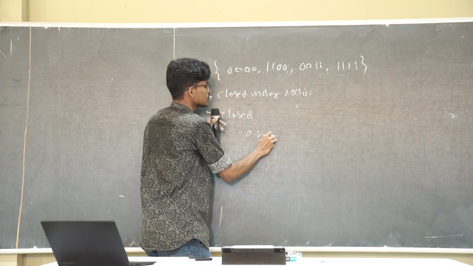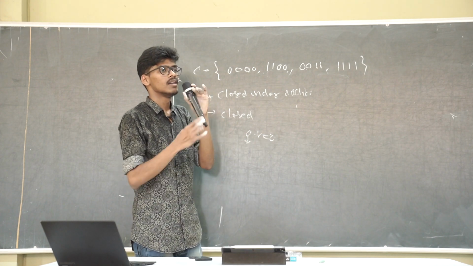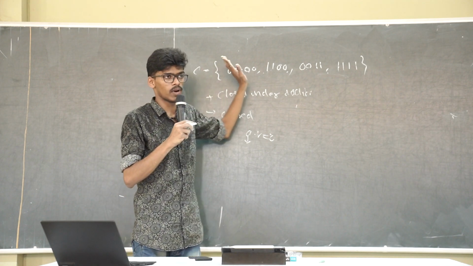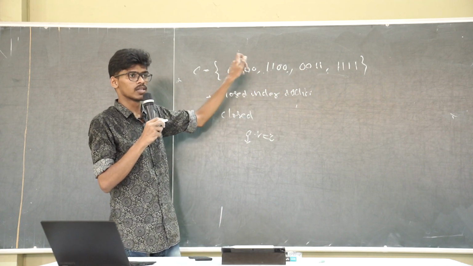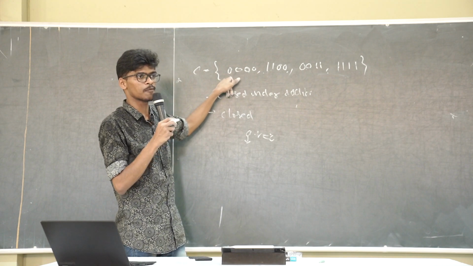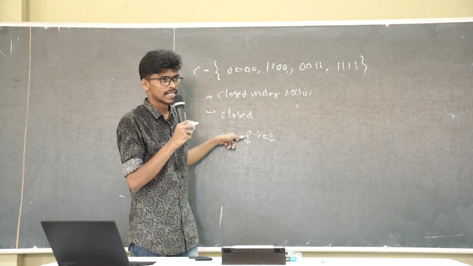It is closed under scalar multiplication. Is A dot B equal to 0 for A equal to 0 and A equal to 1? Check whether 1 dot this vector, which means 1 into 1, all bits we will be multiplying with 1. That results in 00. It is there, right? So did this satisfy scalar multiplication? It is closed under scalar multiplication.